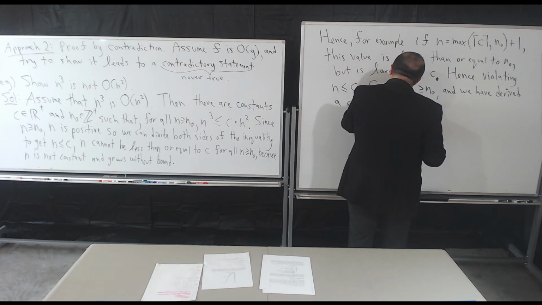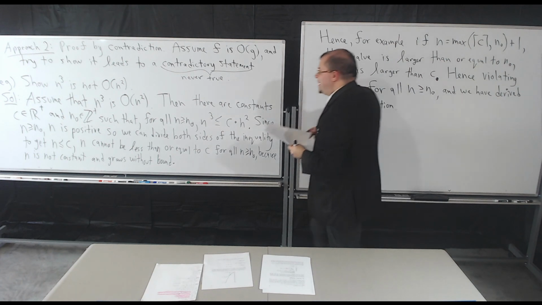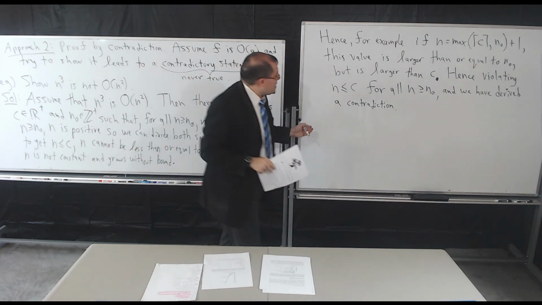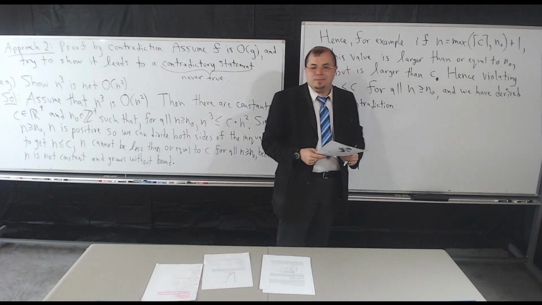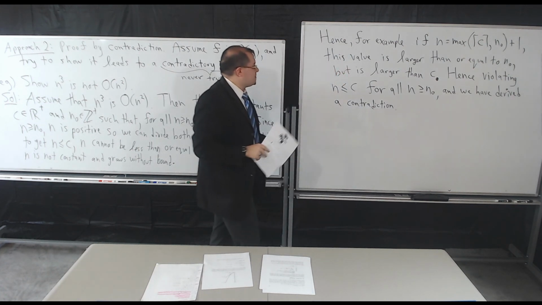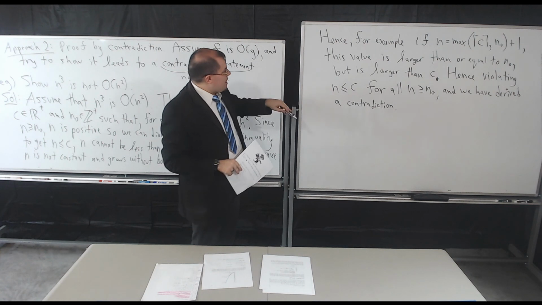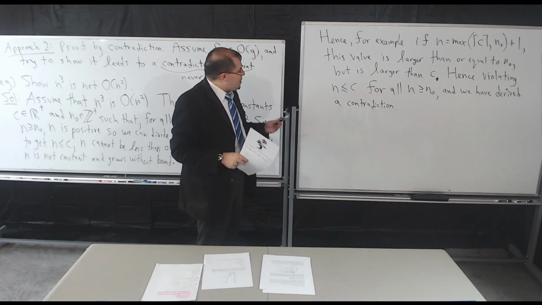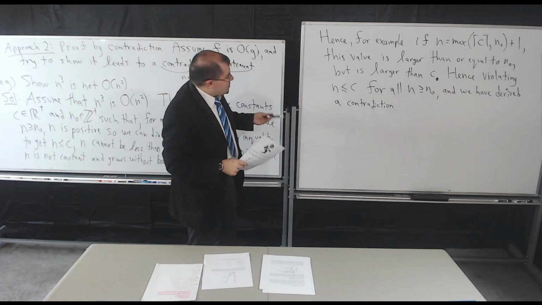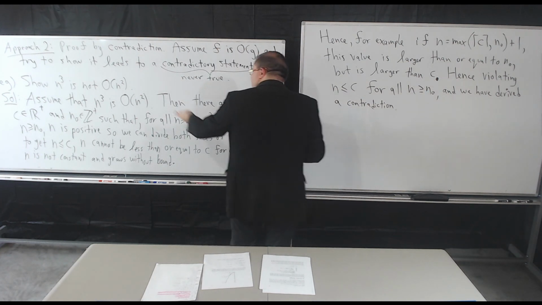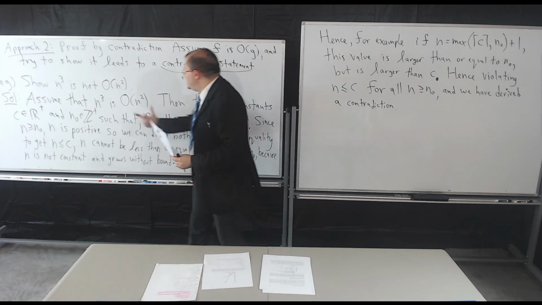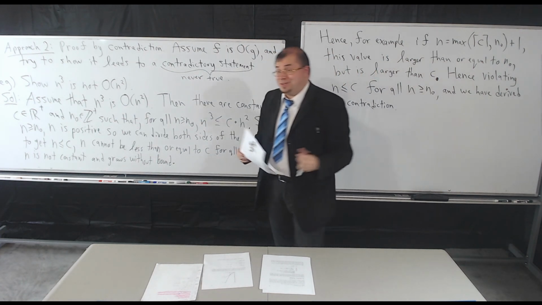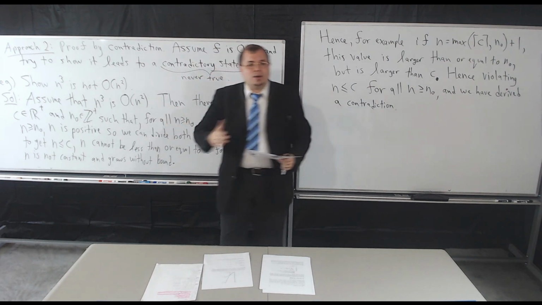So there's no way that you could assume that n cubed is big O of n squared while simultaneously having this happen at the same time. That's the big point. So I've given you n such that it violates this inequality. Then on top of that, it's going to violate our assumption. So you can't have this true and this true at the same time. It's always going to be false. Okay? That's what we mean by a contradictory statement.